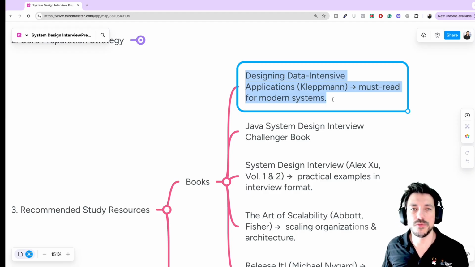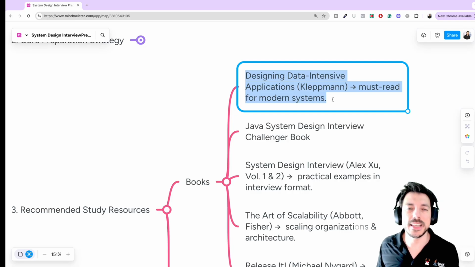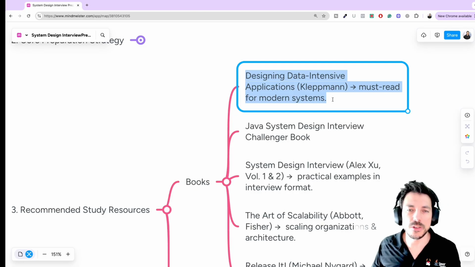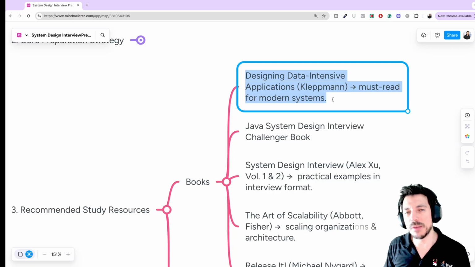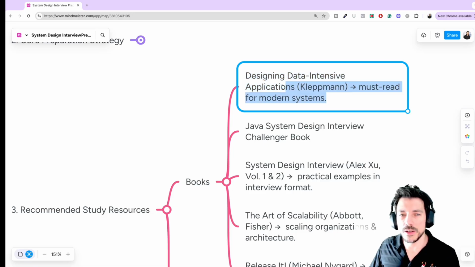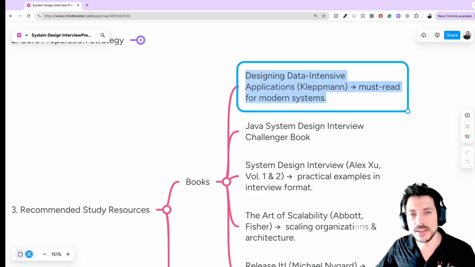For all of those high scaling applications such as Instagram, LinkedIn, and Amazon, they are data intensive applications. So this book will teach you how to design those applications that have a lot of data and so on.